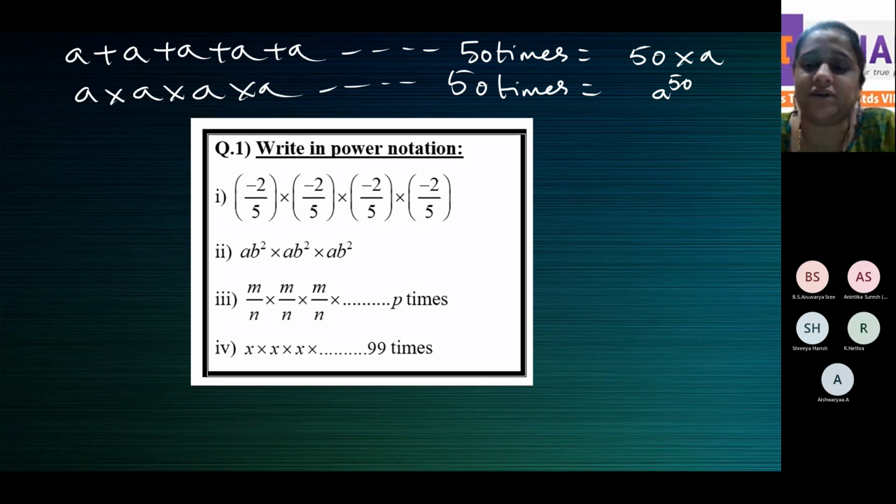A to the power 50 means a is multiplied with itself 50 times. The power says how many times the base is multiplied with itself. So this is the difference. Repeated addition is multiplication. Repeated multiplication is written in the exponential form.